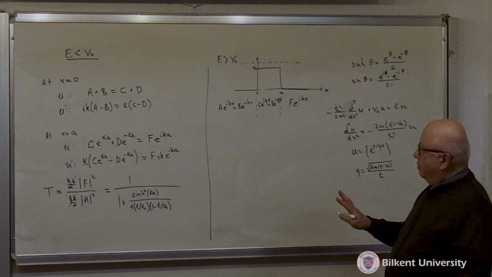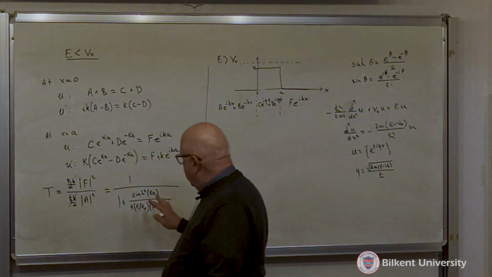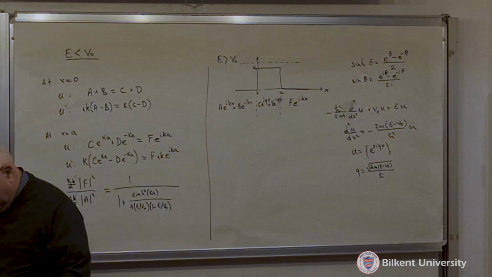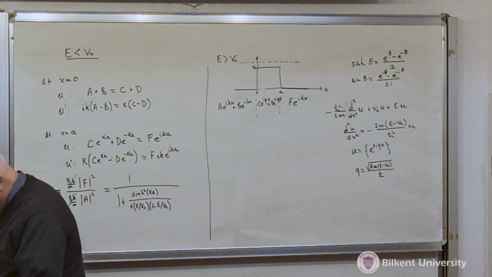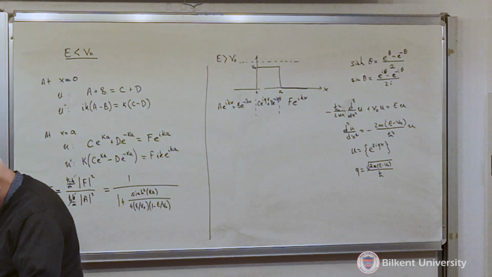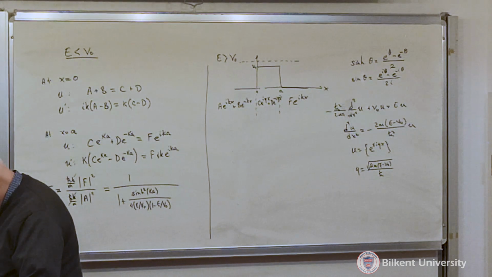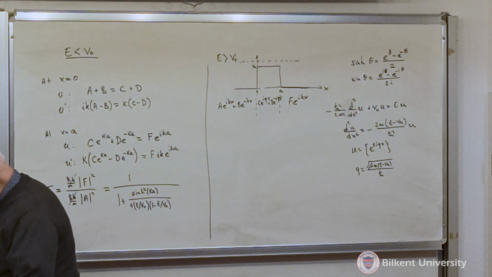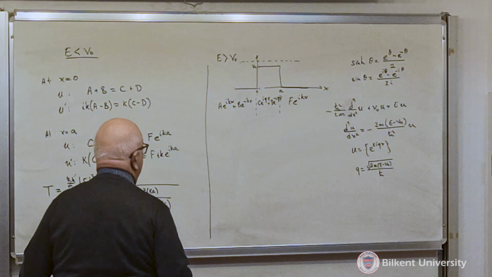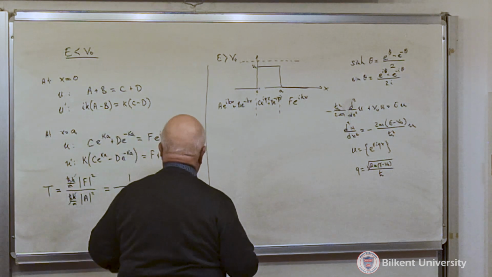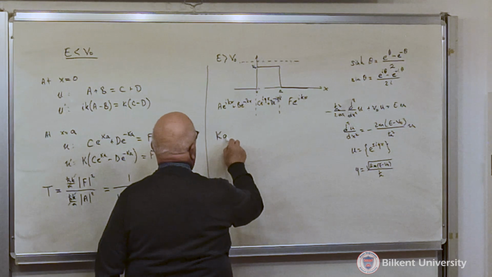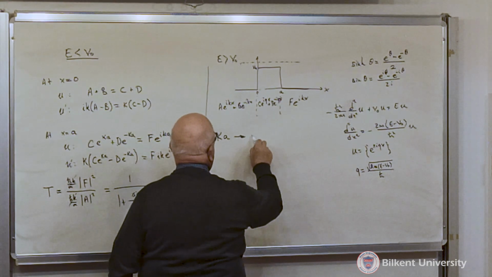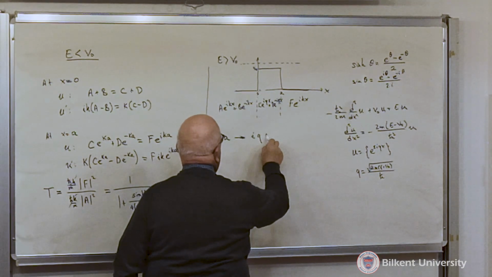Okay, so the algebra is the same, except that I'm now going to get a term here which is going to contain a sine term. So what happens is that in place of Ka, this now goes into iQ times a.